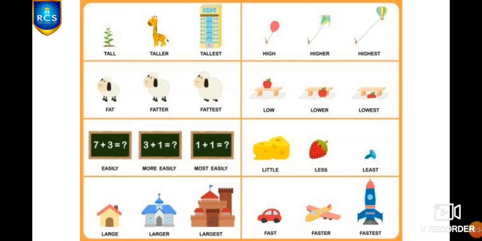High, higher, highest. Fat, fatter, fattest. Low, lower, lowest. Easily, more easily, most easily. Little, less, least. Large, larger, largest. Fast, faster, fastest. Here I have given you some examples of degrees of comparison, right?